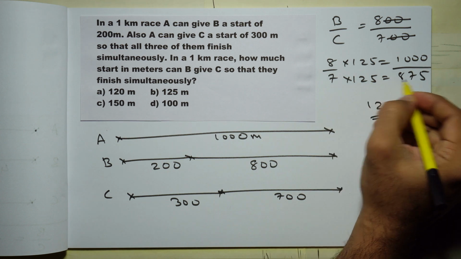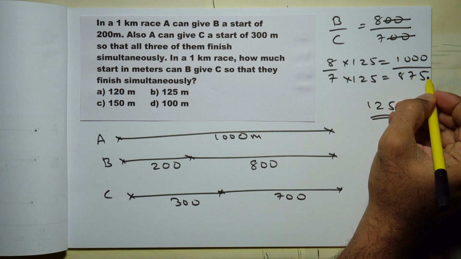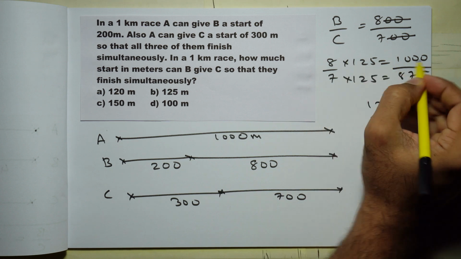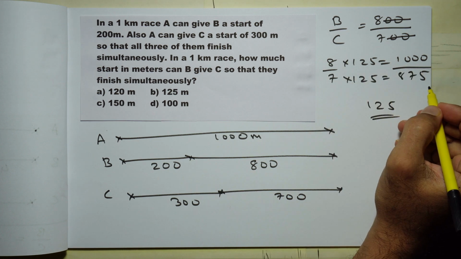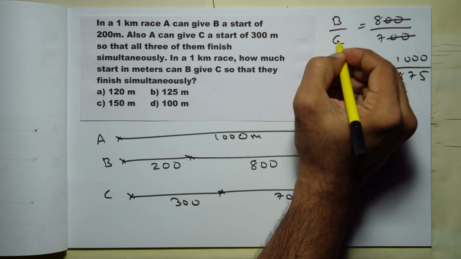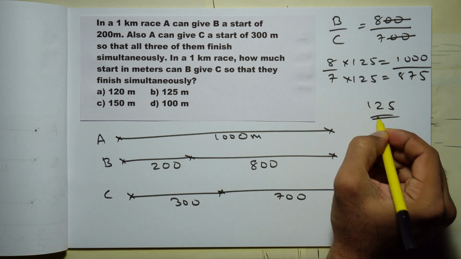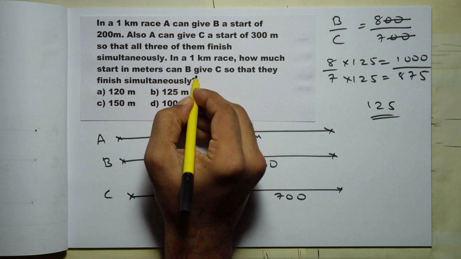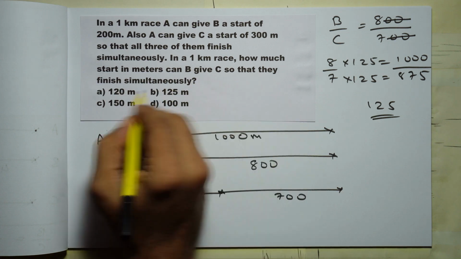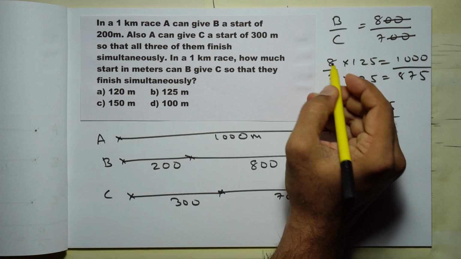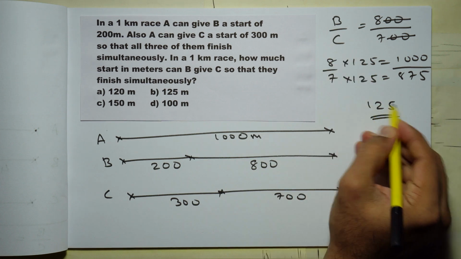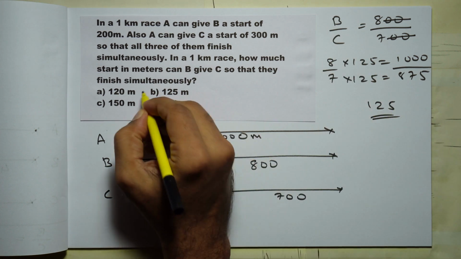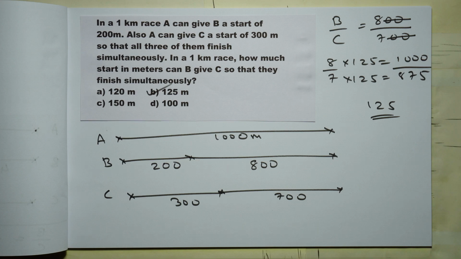And when C runs the remaining 875 meters, in that much time, B will do the full 1000 and they'll finish simultaneously. So basically, B should allow C to run for 125 meters. So in a 1 kilometer race, how much start in meters can B give C so that they finish simultaneously? That is, B should allow C to run for 125 meters. So option B, 125.